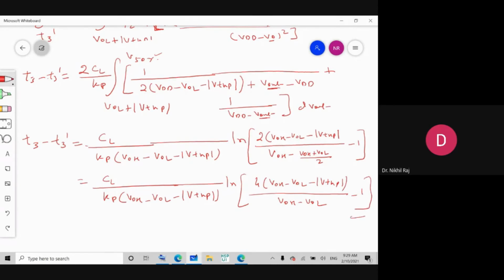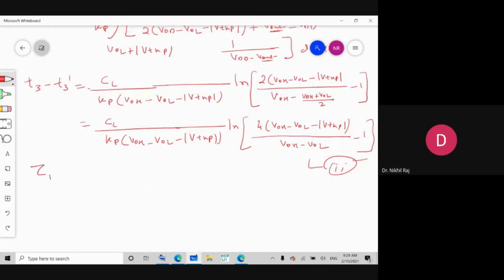Okay, so this is the expression, equation number 2. Now the final equation TPLH will be the sum of T3 minus T3 dash plus T3 dash minus T2.